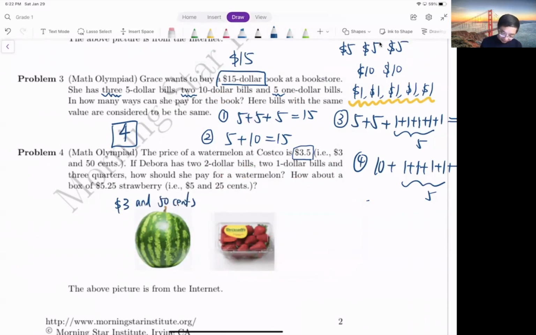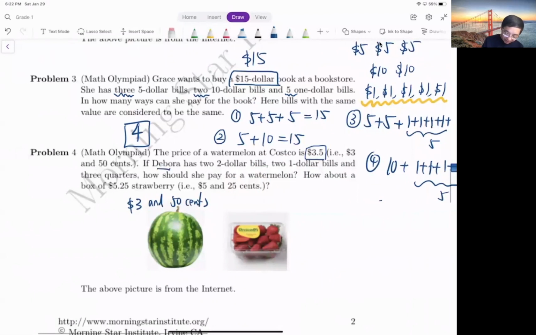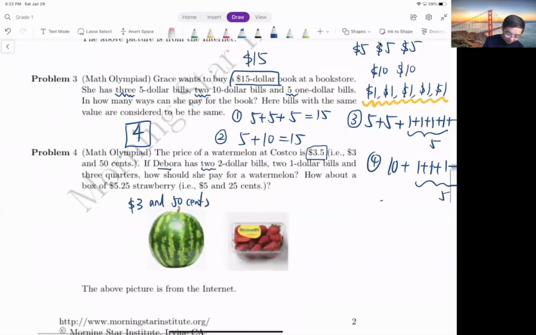And now Deborah has 2 $2 bills, 2 $1 bills, and 3 quarters, right? Each quarter is 25 cents. So we have 3 quarters: 25 cents, 25 cents, and 25 cents. So this is what Deborah has.